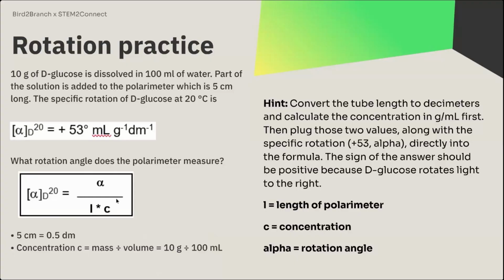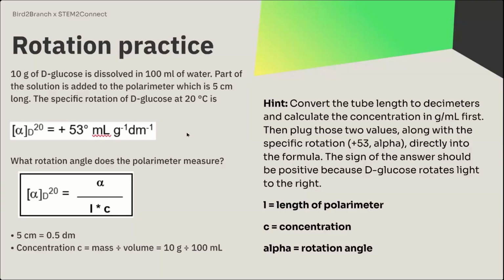And I provide you the polarimeter formula, and since we don't have time to go over this one in depth, what you're basically going to do is take the length of the polarimeter tube and convert it to decimeters, and then calculate the concentration of the glucose in grams per milliliter. Then you plug in those two values and the specific rotation, which is 53 degrees, directly into the formula. And the sign of the answer should be positive because D-glucose rotates light to the right.